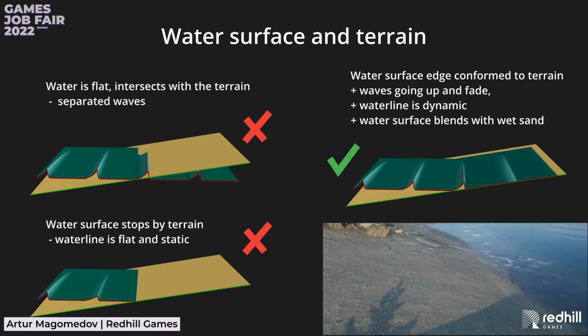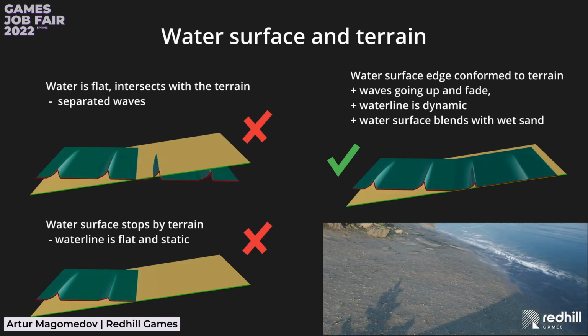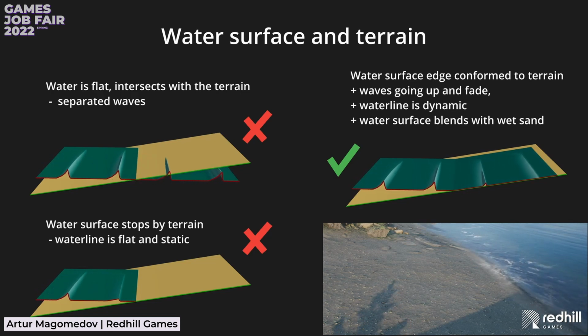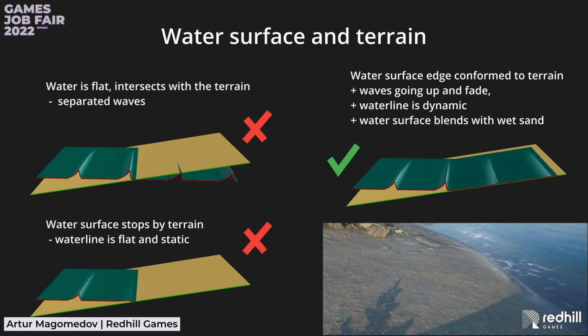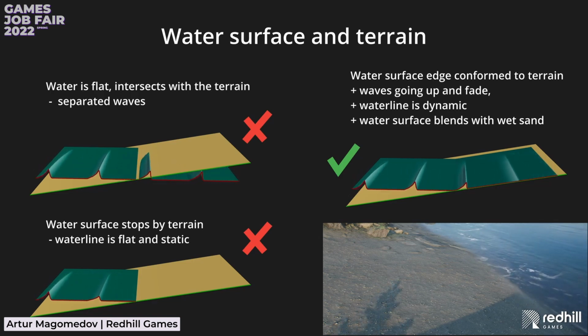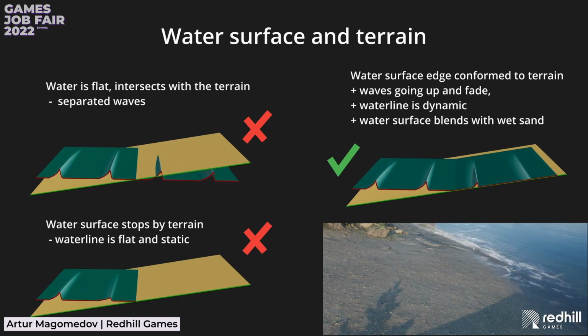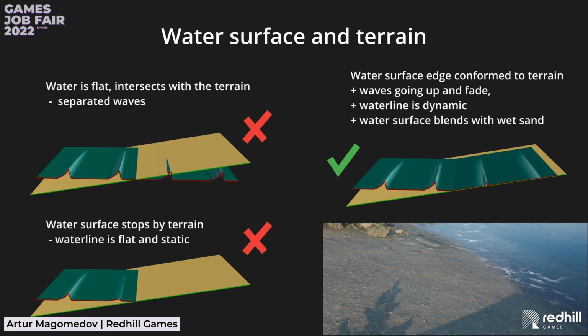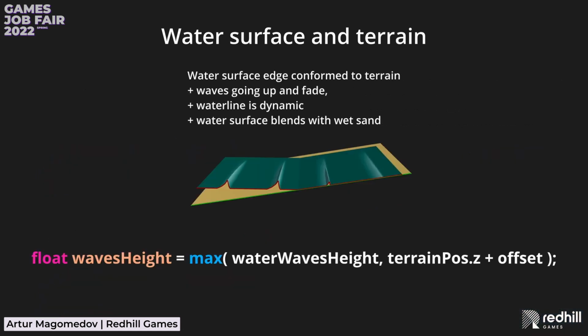To avoid that, I decided to make the water surface overlap with the shoreline terrain and conform to it, so waves don't stop but can go up a bit, stretch, lose energy and fade more naturally. That helps to get rid of separate waves and to create a wet sand area. Wave height is defined by the maximum between the wave height and terrain position Z, plus a little bit of offset to avoid Z-fighting.